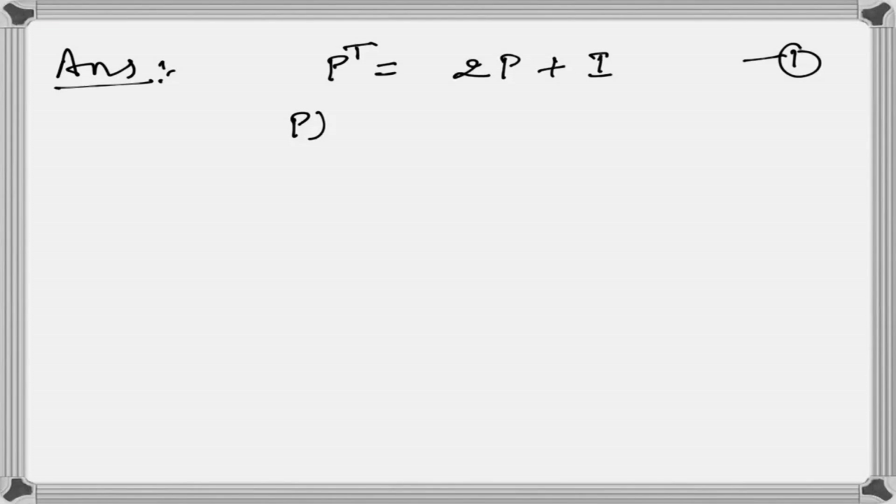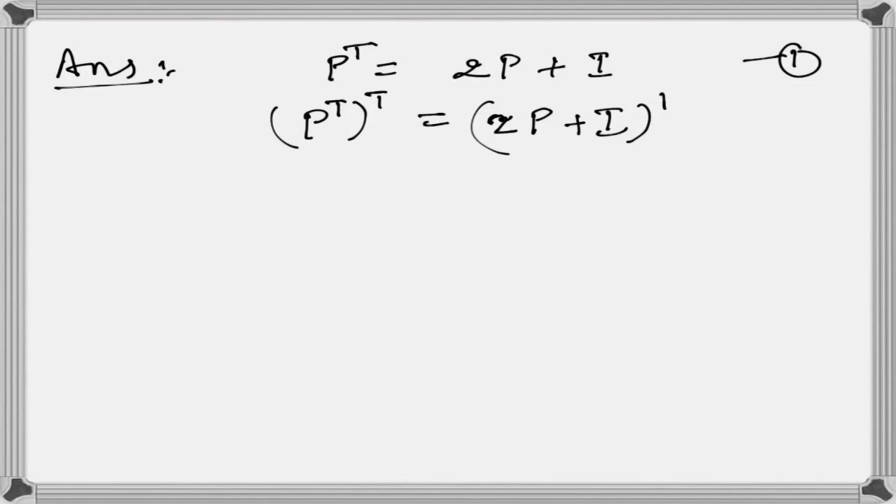That means the transpose of P transpose is equal to the transpose of 2P plus I, and this is nothing but P is equal to 2P transpose plus I transpose, which is I itself.